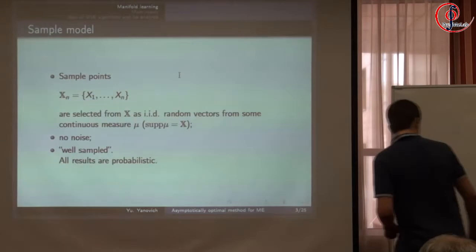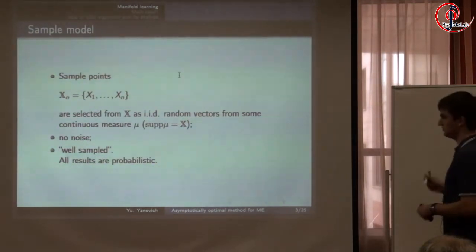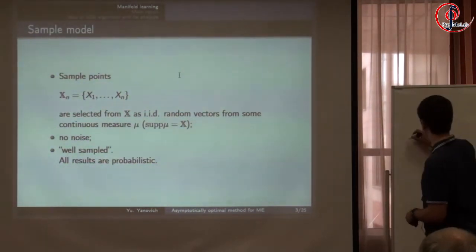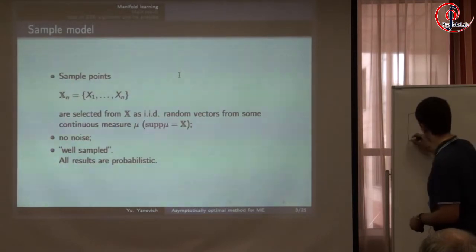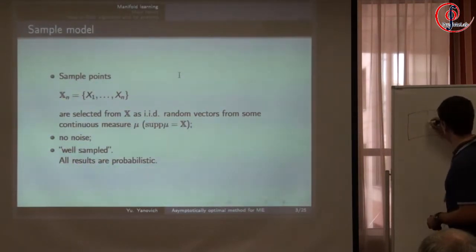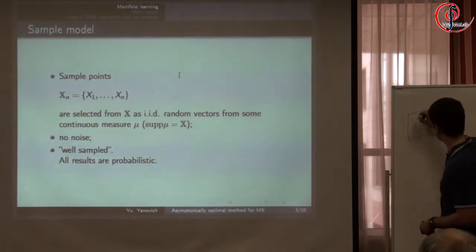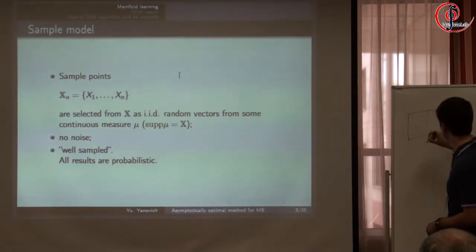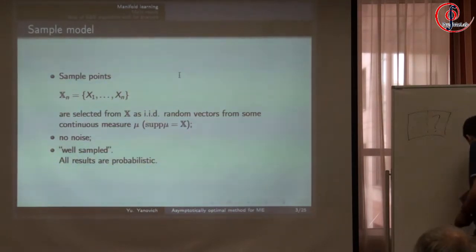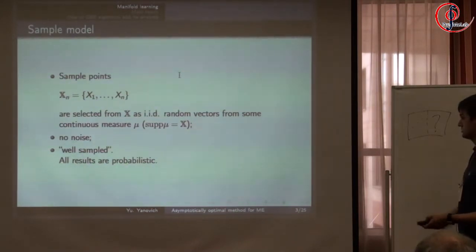That is, for some events, for example, when our training points lie only in some area of the manifold, we of course could say nothing about the other part of the manifold. But the probability of such events is low, and I'll tell about it later.